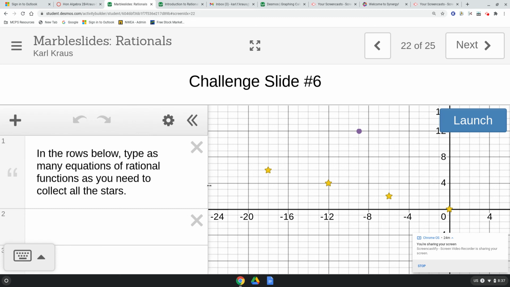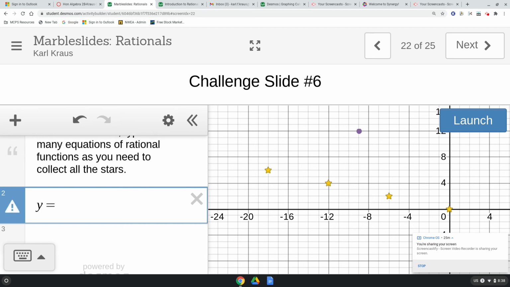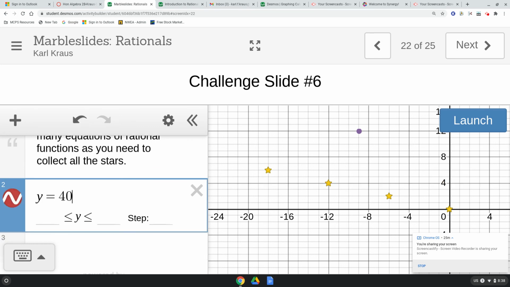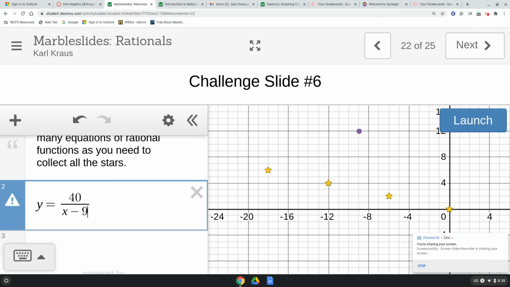And then slide 22, this one I used 3 different functions. So I had y equals, and then I dilated the graph pretty extreme here, and then wanted to move this up.